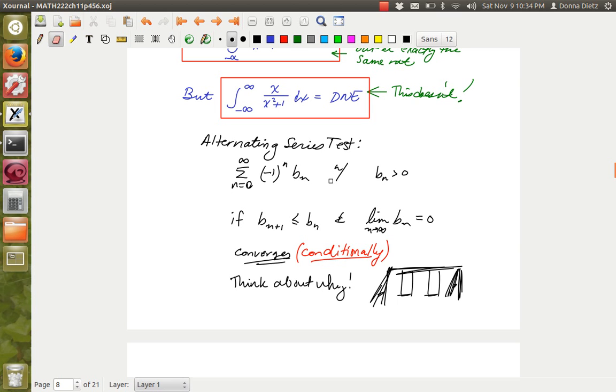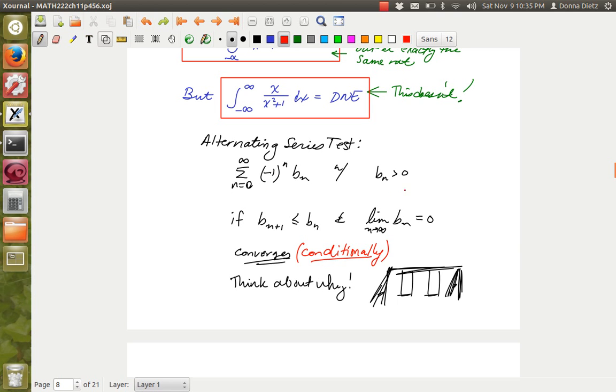If you have some kind of mechanism for the sign to alternate, and we'll have various mechanisms that cause an alternating sign, and then we have Bn, and we're going to say Bn is strictly greater than 0. That's the only point of this, to tell us that the sign is alternating. It would do us no good if Bn didn't have to be positive. We'd have no idea what the sign is, and the alternating piece would be meaningless because it would give us no information.